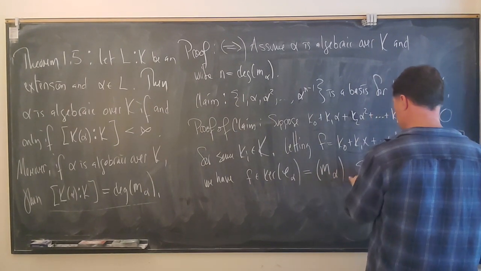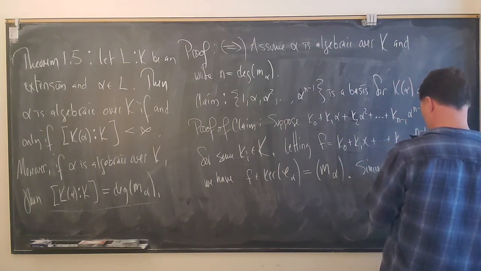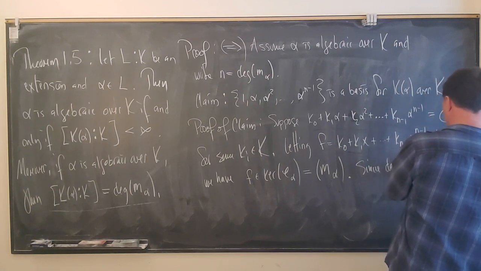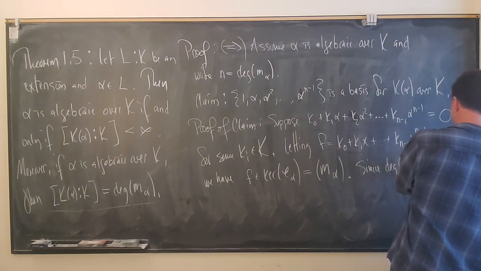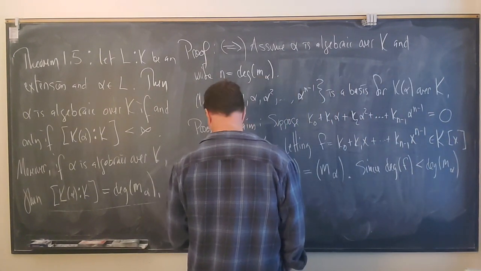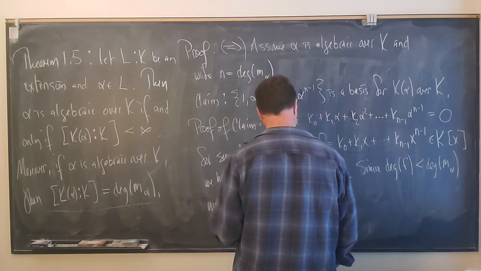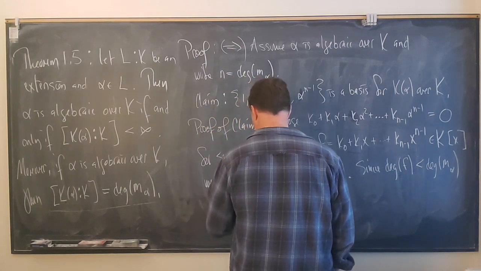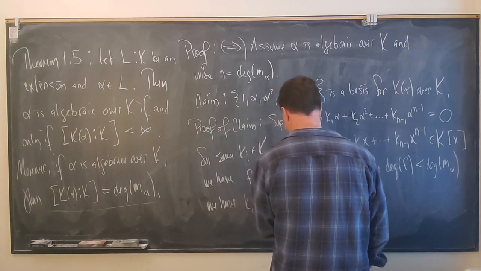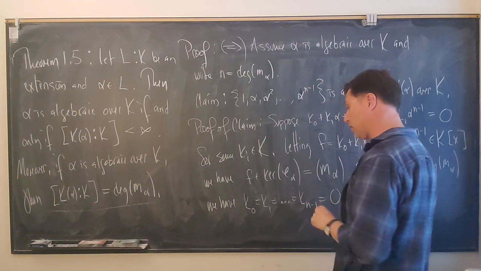Since the degree of f is strictly less than the degree of the minimal polynomial, the only way for this to happen is that f has to be the 0 polynomial, meaning that k0 equals k1 equals dot dot dot equals k sub n minus 1, which equals 0.